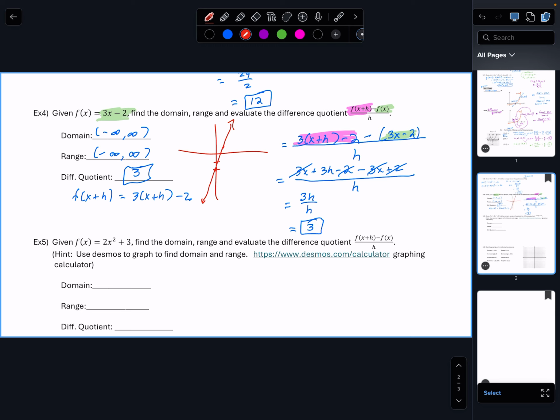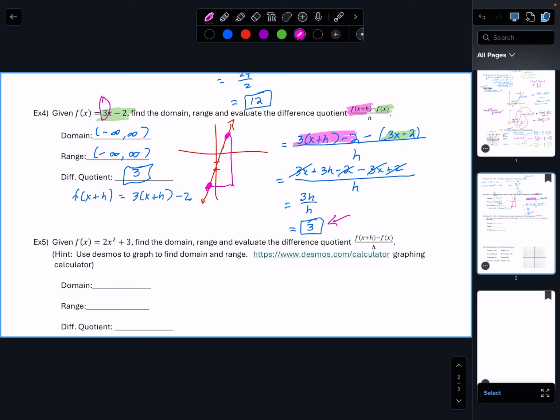And the difference quotient is all about taking 2 points on it and finding the slope between those two. Rise over run. Well, the slope of this line is 3 because it's linear, so it shouldn't be surprising that the end answer is 3.